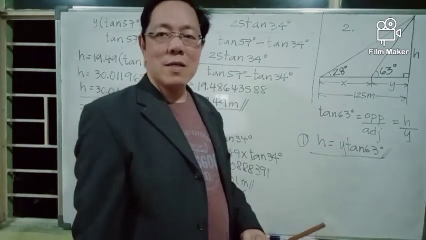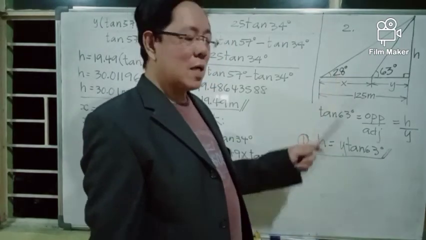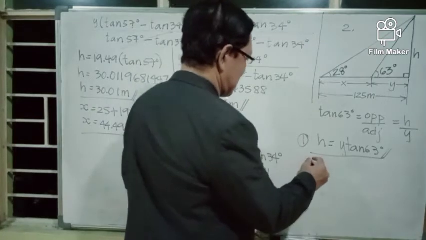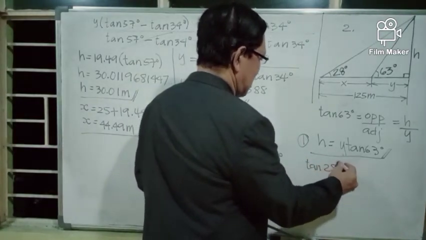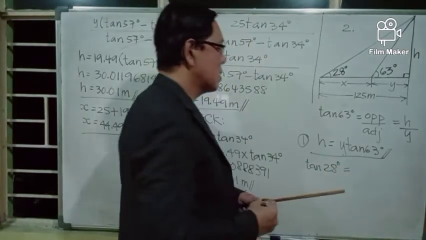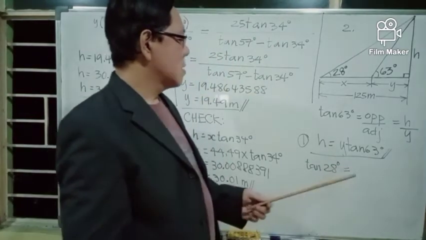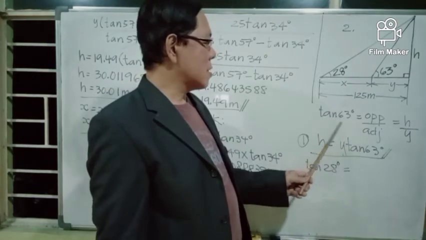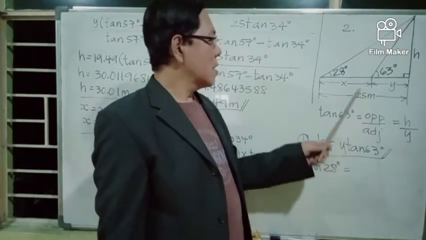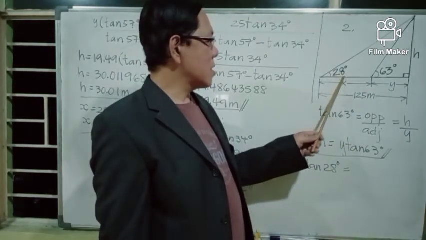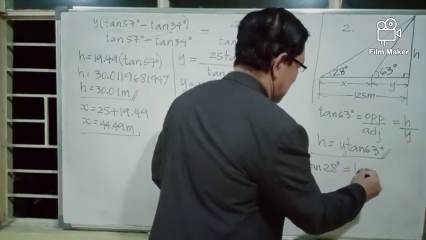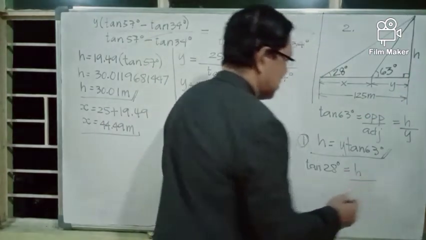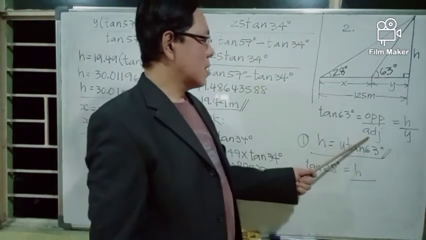Using again the tangent of 28 degrees, tangent is the ratio of the opposite side, which is h, divided by the adjacent side.